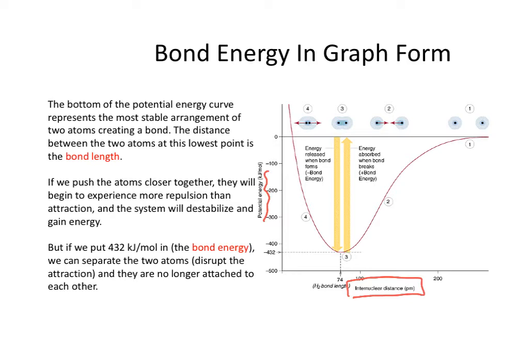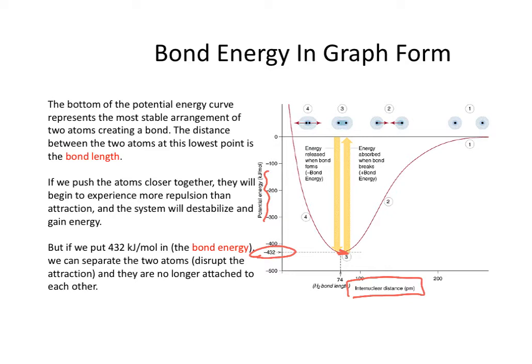And so, as with all things in nature, the most stable configuration is at the lowest energy. And remember here that negative energies are preferred. That simply means that the more negative the energy, the more stable the system.